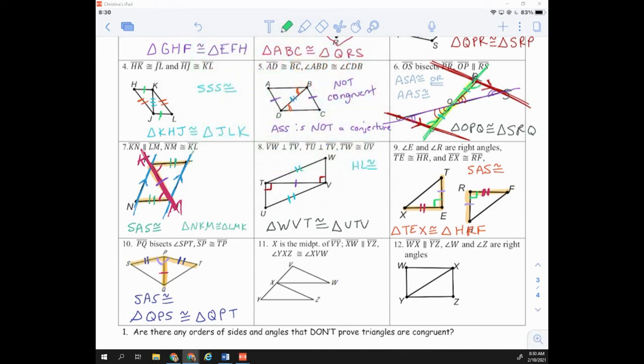X is the midpoint of VY. So I'm going to mark that those parts are congruent.